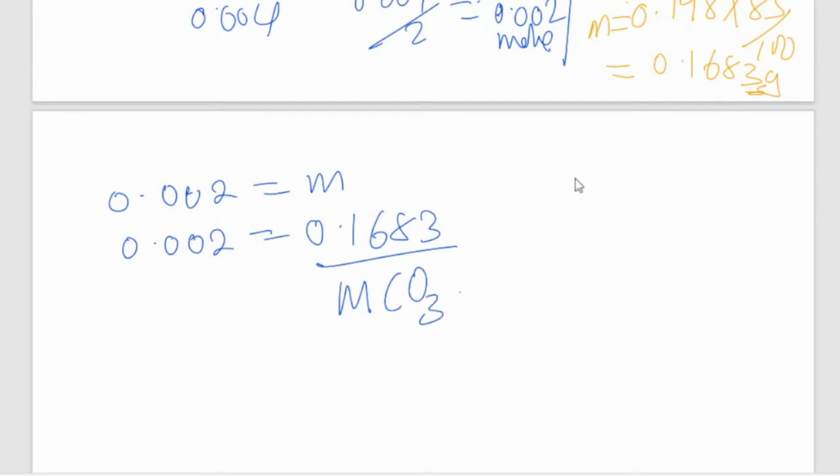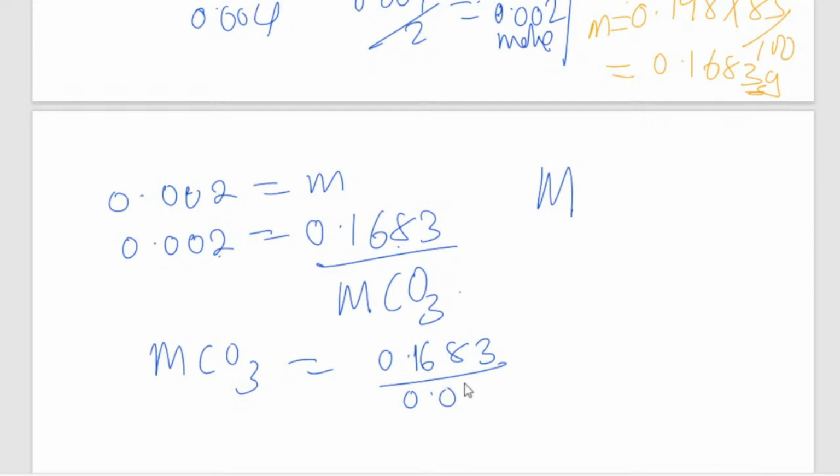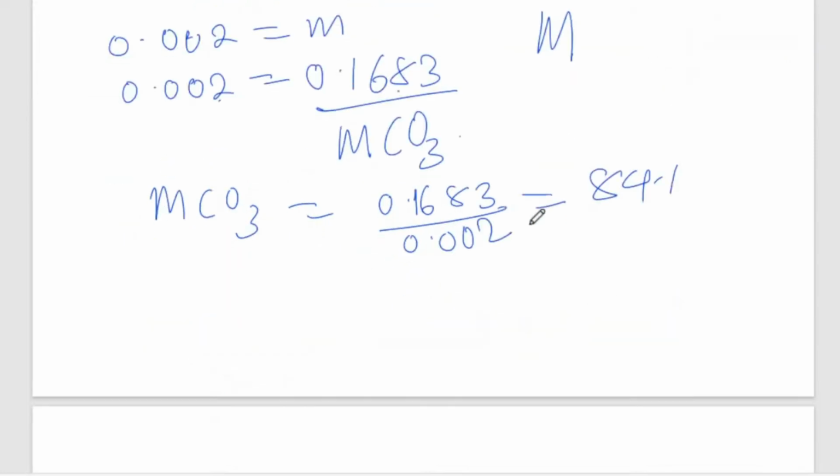Because we don't know what M is, but we know what carbonate is, we can find out the molar mass. So M carbonate is going to be equal to 0.1683 divided by 0.002, which gives me 84.1. So M carbonate is equal to 84.1.